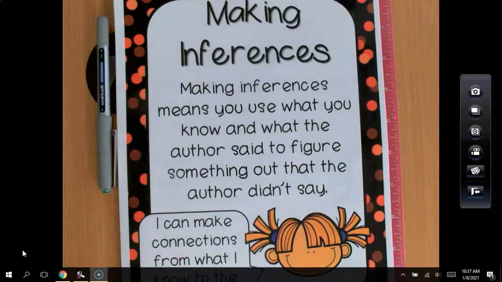Again, that's just drawing conclusions. So making inferences and drawing conclusions mean the same thing. You can make connections from what you already know in the story or to the story.